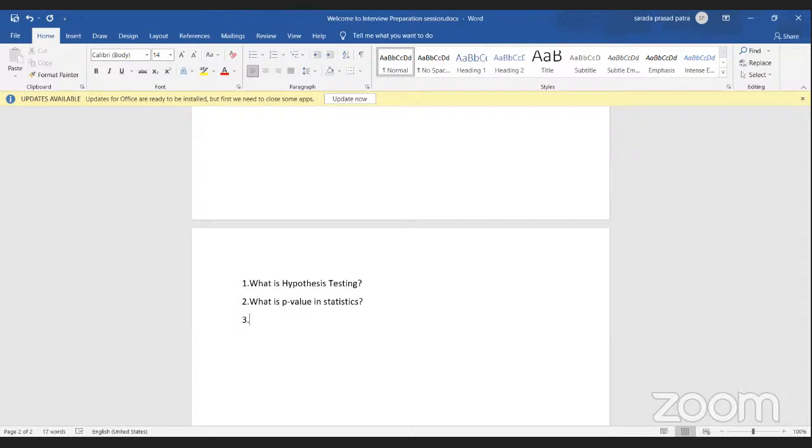Why do we calculate p-value? What is that? You can answer in the comment window, in the chat window. Okay, I think I should write the answers as well.